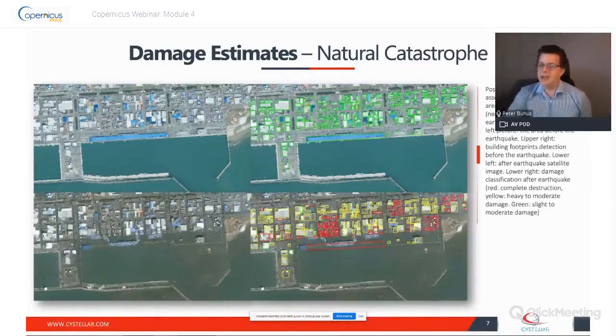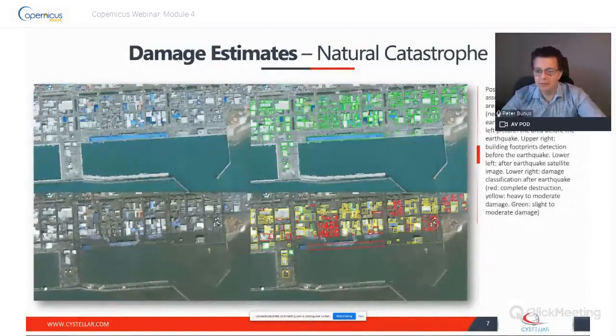And in the later stage, you would like to know what the damage was and classify the damage according to the damage level. On the last image, you will see that with red, we have marked all the complete destruction of the buildings.